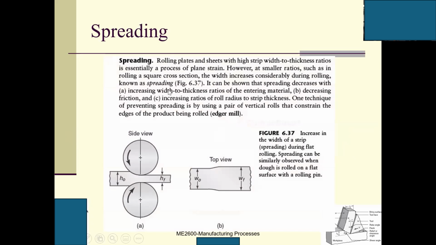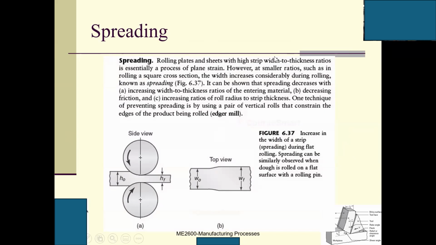So spreading is another word here: rolling plates and sheets with a high strip width to thickness ratio. If the width to thickness ratio is very high, it is a plane strain process.